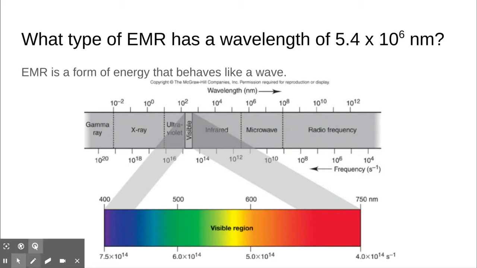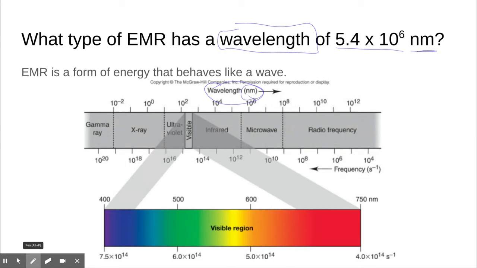A couple of things you want to identify: which characteristic we're looking at. We want wavelength, which is up here. The number we have is in nanometers, so we don't need to do any conversions, and we've got 5.4 times 10 to the 6th. So 10 to the 6th is right here, and the answer to this one would be a microwave.